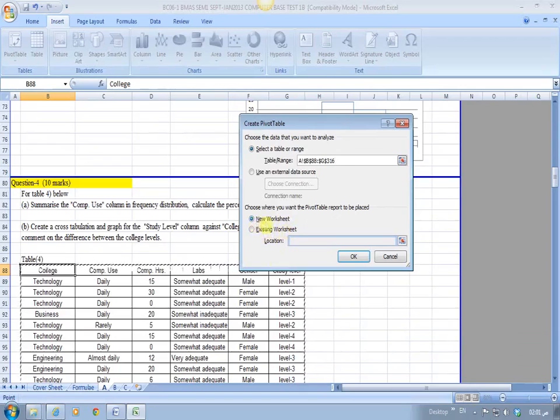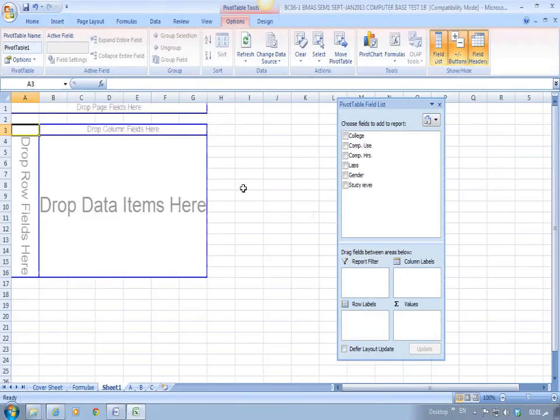I prefer using a new sheet in order not to change the data or make mistakes in your file. So just click new sheet, and the computer makes a new sheet.